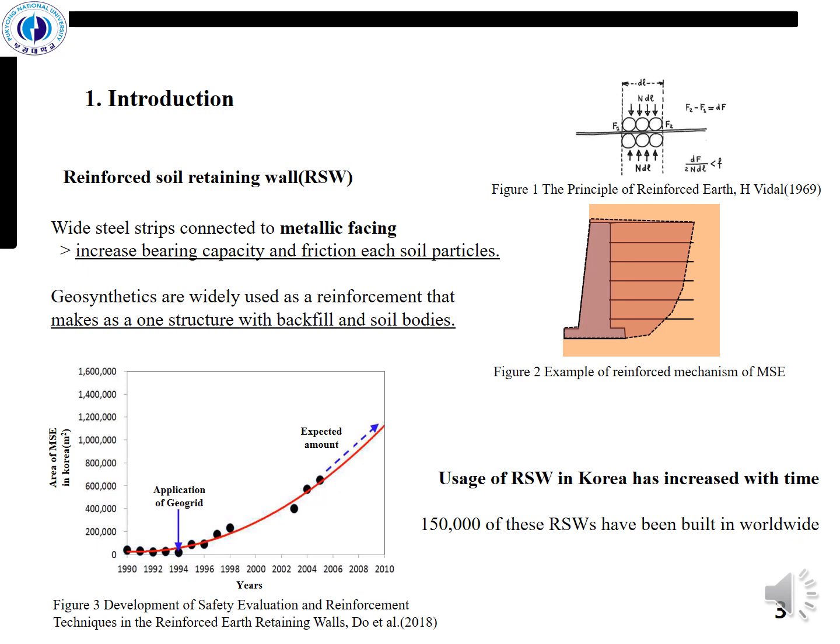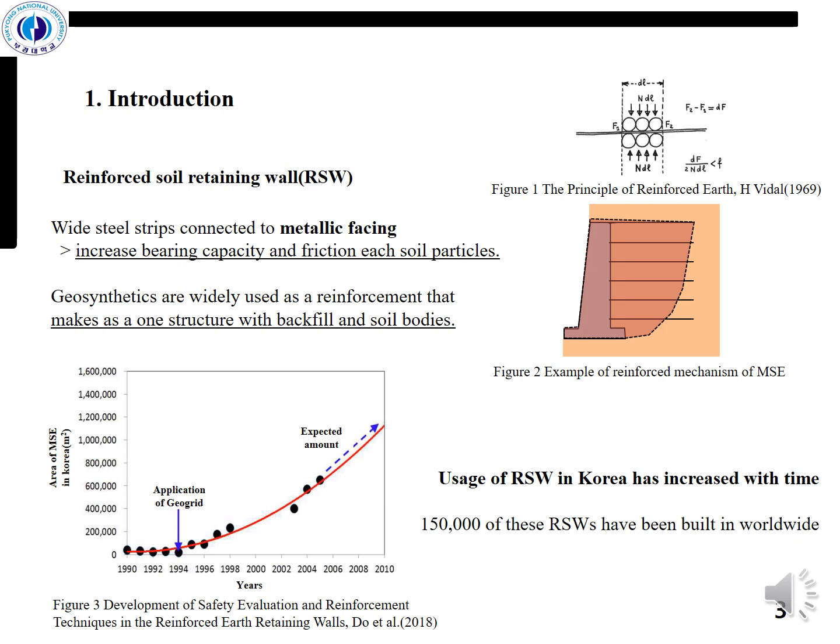What is the reinforced soil retaining wall, simply called RSW? Henri Vidal first suggested it in 1969. At first, the concept was a wide steel strip connected to metallic spacing to increase bearing capacity and friction in soil particles.